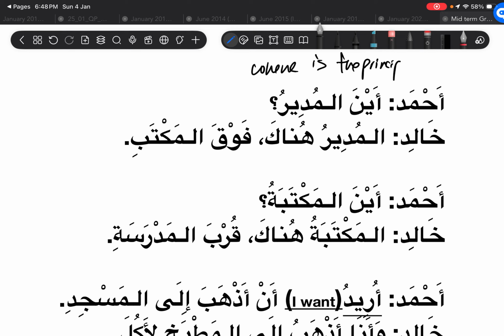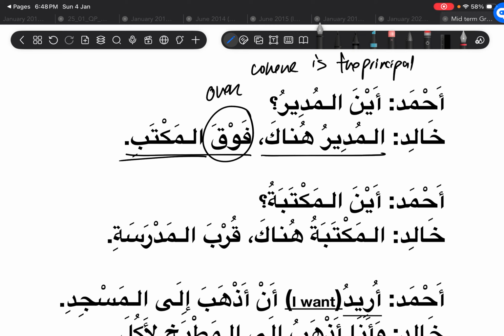Going to go really fast, I have another class. المدير هناك فوق المكتب. This sentence was terribly made, I made these sentences. فوق means over. المكتب means desk. So المدير هناك means the mudir is there at the office desk.